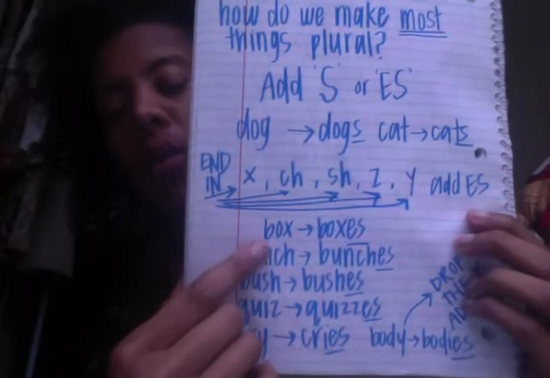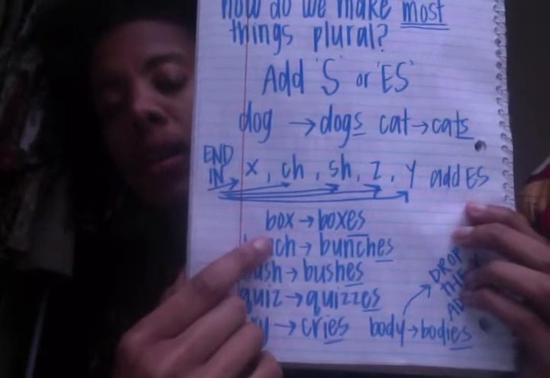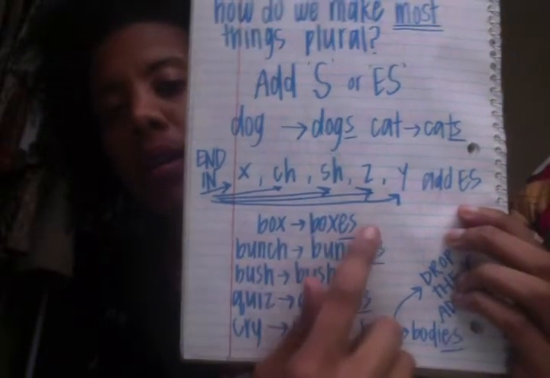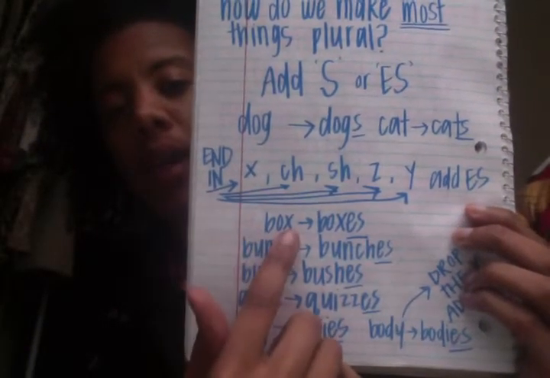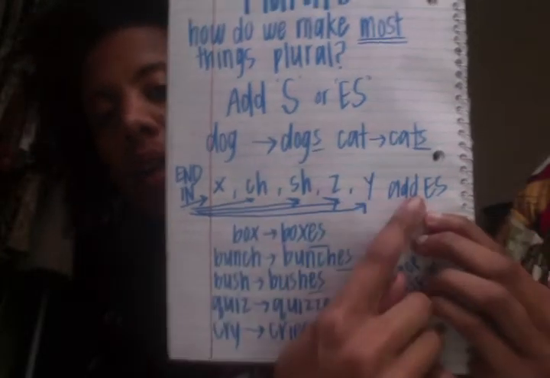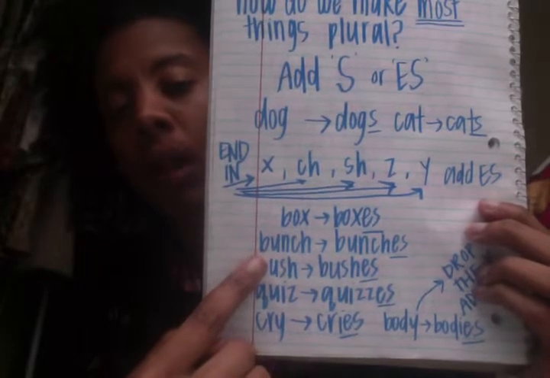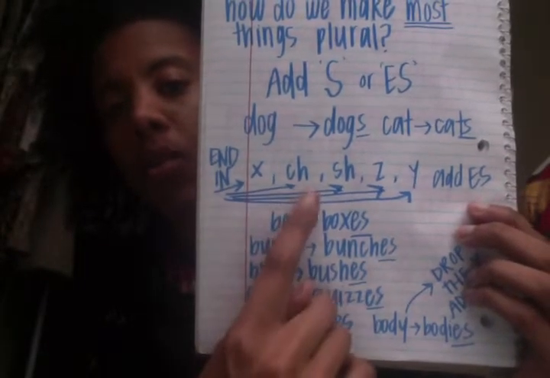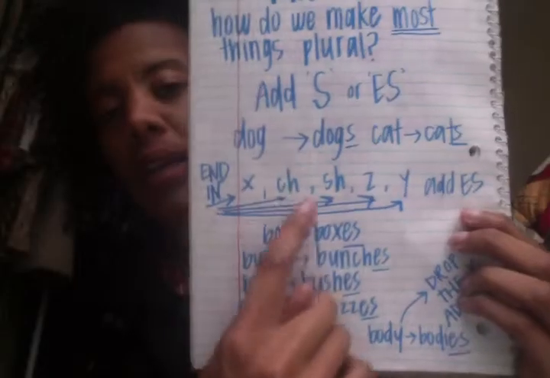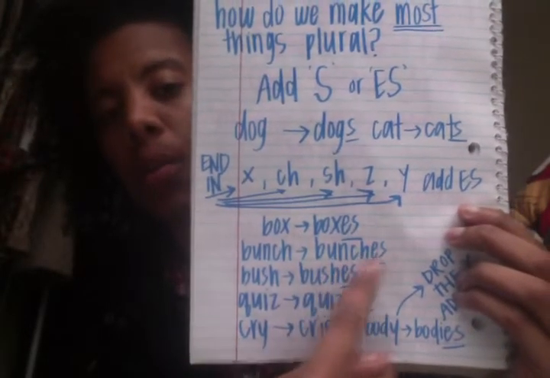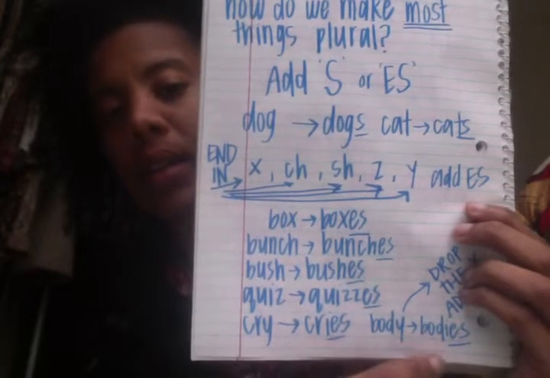So for example, you have the singular box, and in order to make it plural, you add es, boxes. Box ends in an x, so we know that you have to add es. Singular bunch, to make bunch plural, because it ends in a ch, we have to add es. Bunch turns into bunches, adding es.